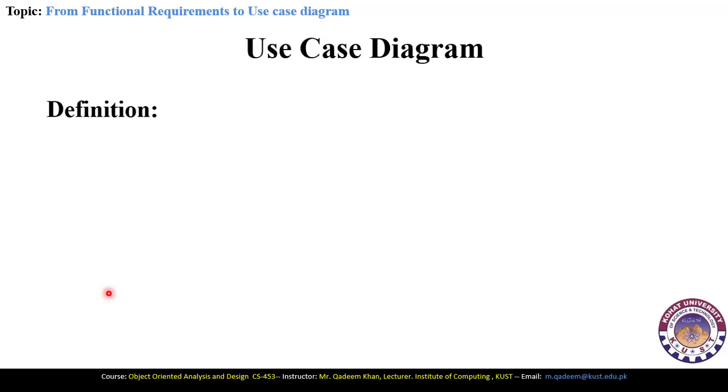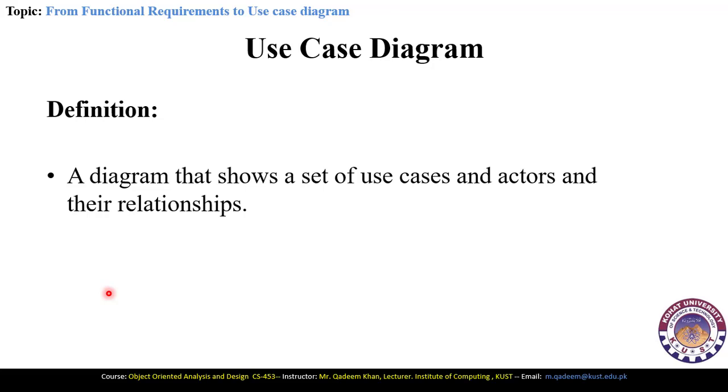Now, after requirements, the use case diagrams represent the system and the interaction of the end users with the system. To understand the use case diagram, first we have to define the use case diagram. The use case diagram in fact shows a certain set of use cases and also the associated actors and their relationships.